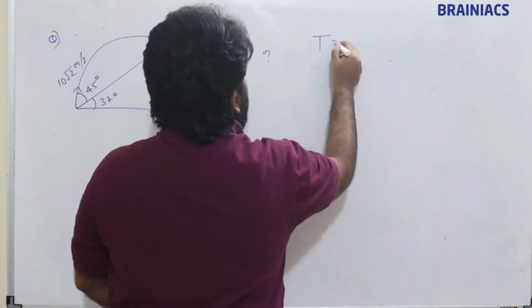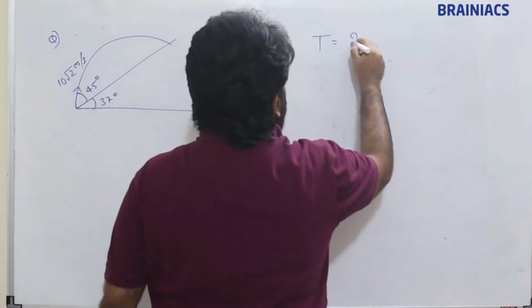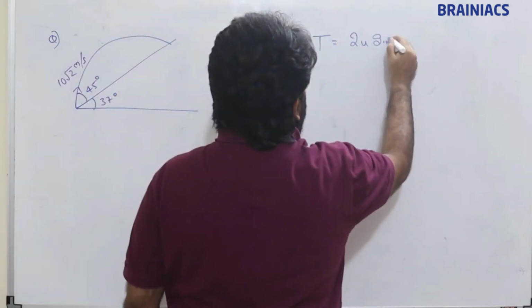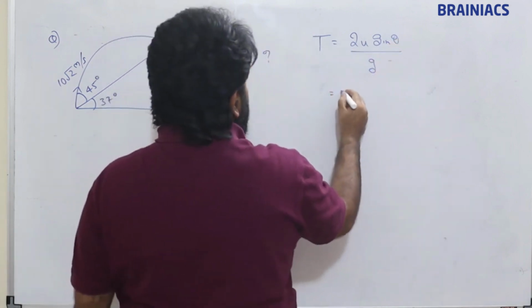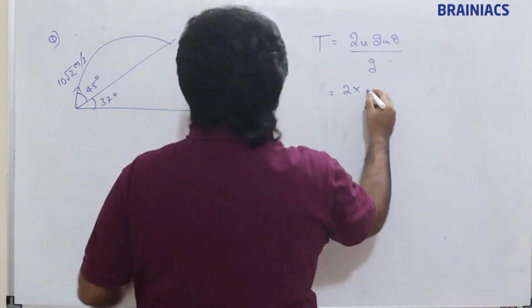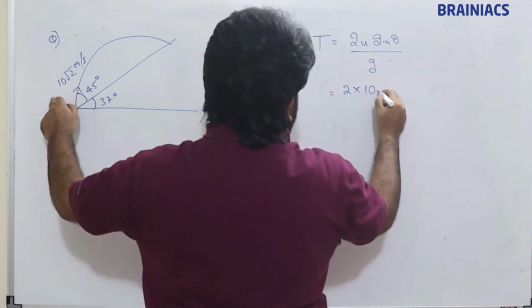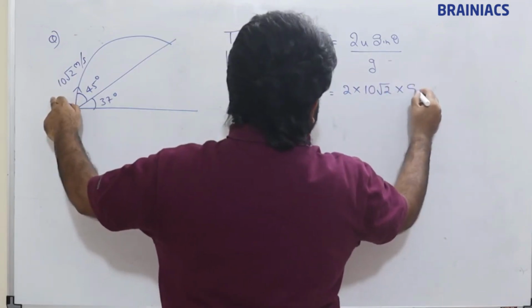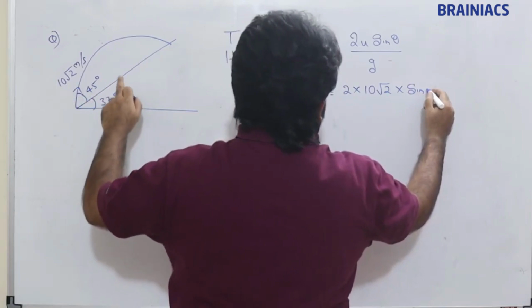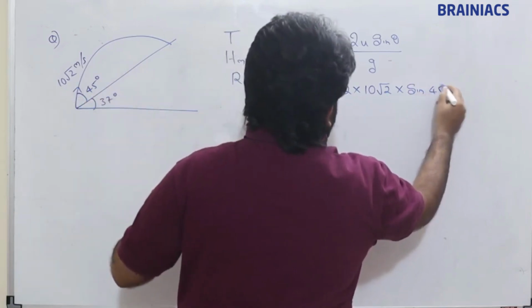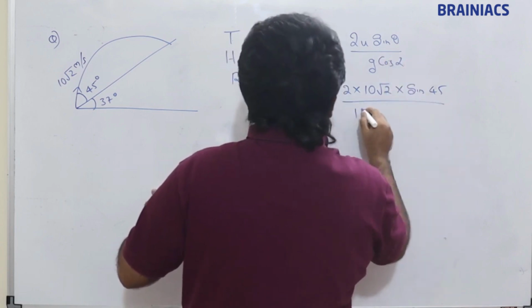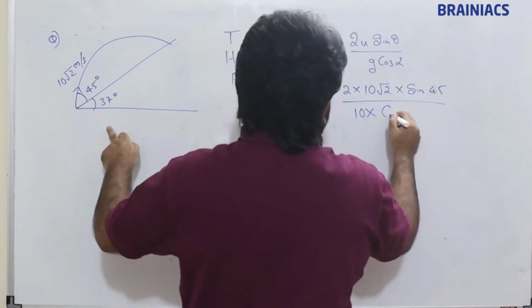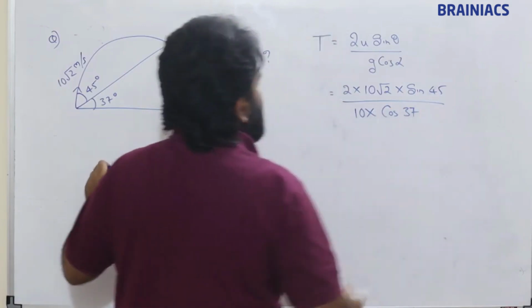So time of flight is equal to 2u sin theta divided by g. So this is equal to 2 into u is 10 root 2 into sin theta is sin 45. Divide by, here what will come, cos alpha will come. So divide by g is 10 into cos 37.